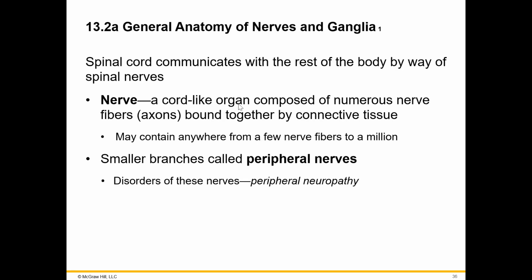So you see, a nerve is a cord-like organ composed of numerous nerve fibers, axons, that are bound together by connective tissue. Smaller branches are called peripheral nerves. So there are disorders of these nerves known as peripheral neuropathy.